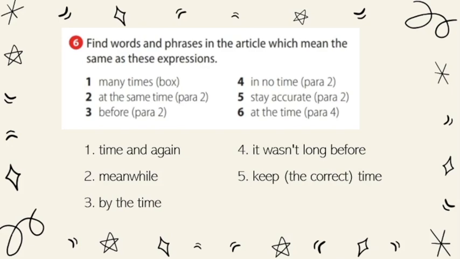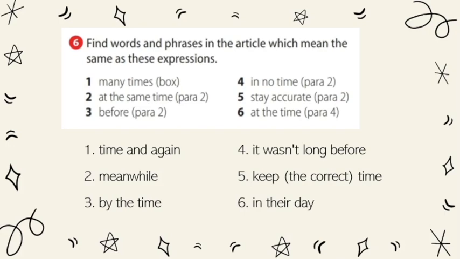And finally, 6, at the time. And at the time, it would be in their day. This is useful when you're talking about the past, something that maybe has changed from the past to now. So, for example, my mom says in her days they used to go take the train to the city.